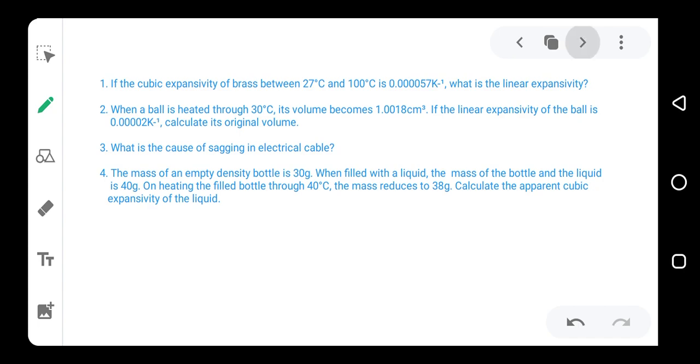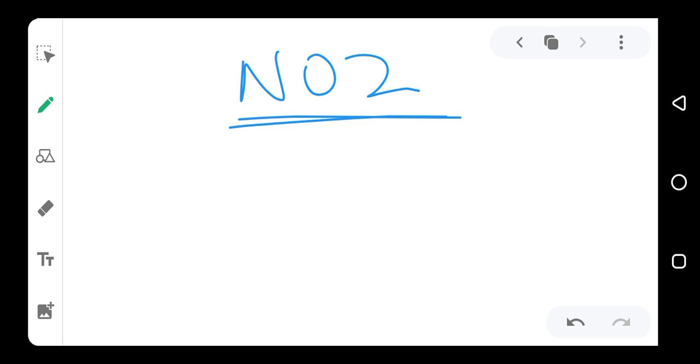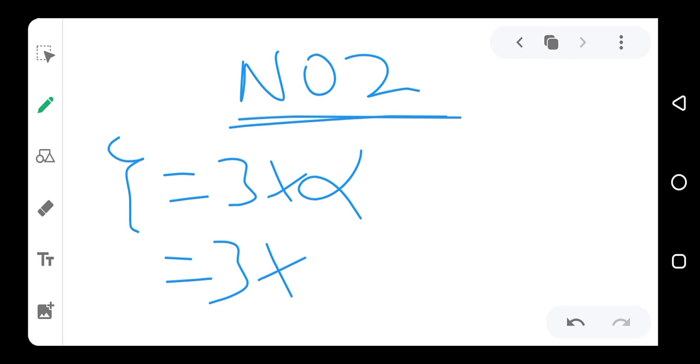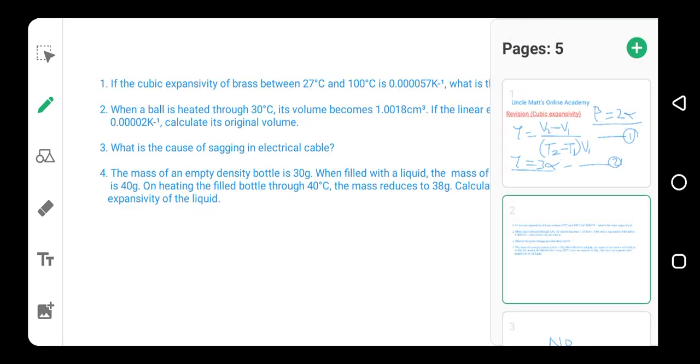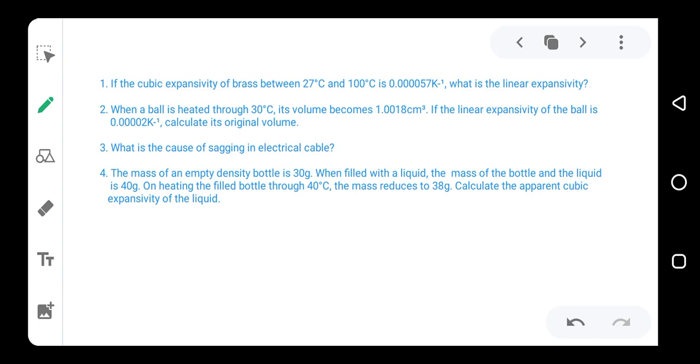Now see how we do it. Number 2, we know that gamma is equal to 3 times alpha, which is equal to 3 times the linear expansivity given to us in the question. The linear expansivity is 2 times 10 raised to the power minus 5.